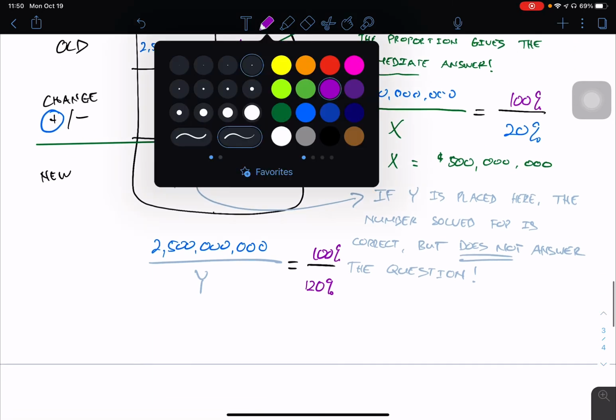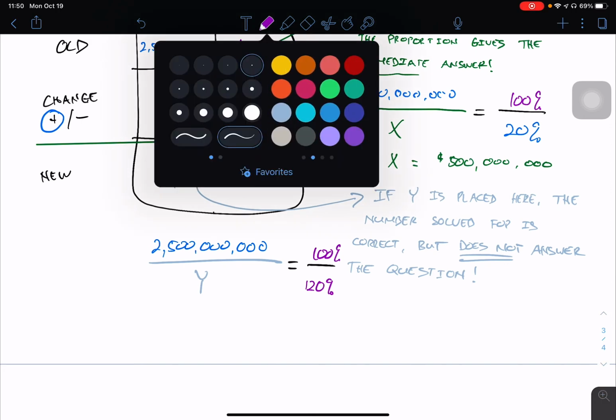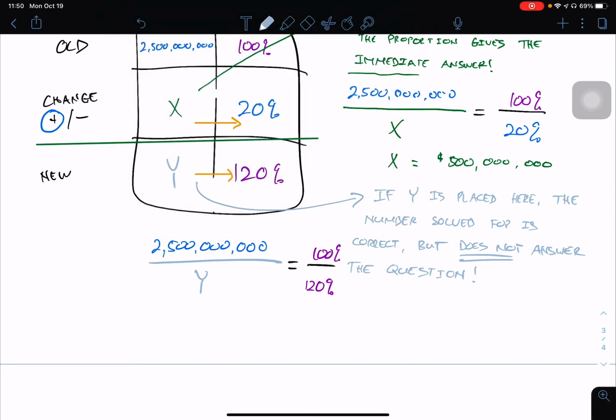So what does y equal? I got it by cross multiplying, so it's now times 120 divided by 100. So this equals 3 billion. Obviously your answer isn't 3 billion in terms of 20% commission. That's how much the whole home cost after the commission.